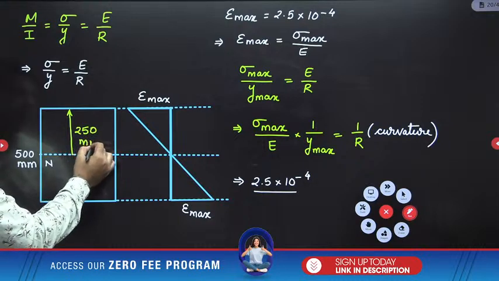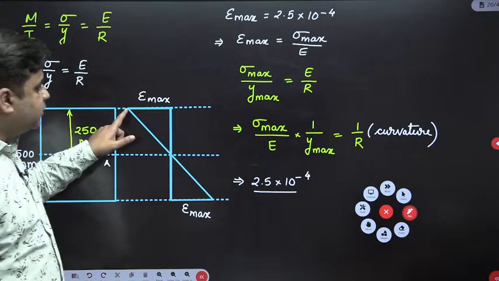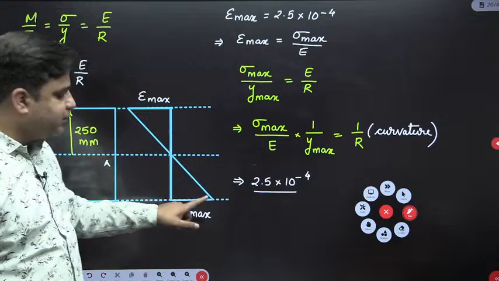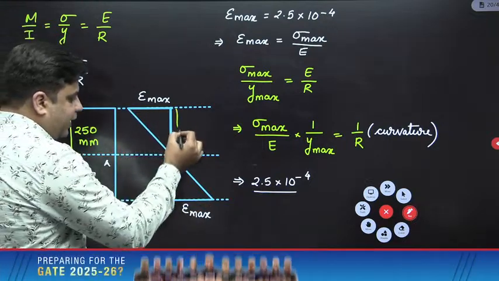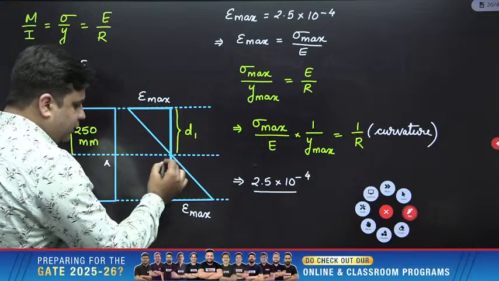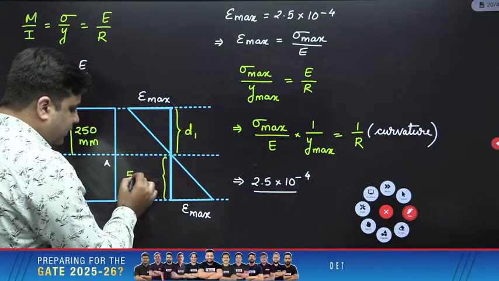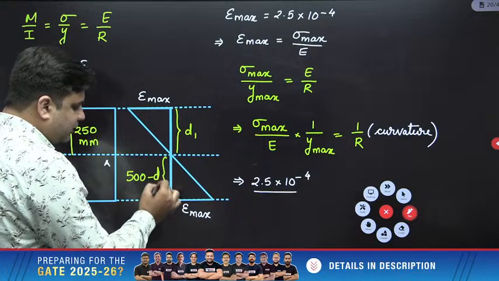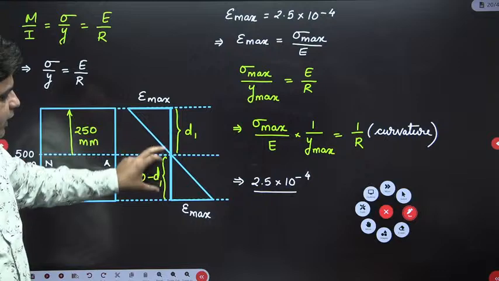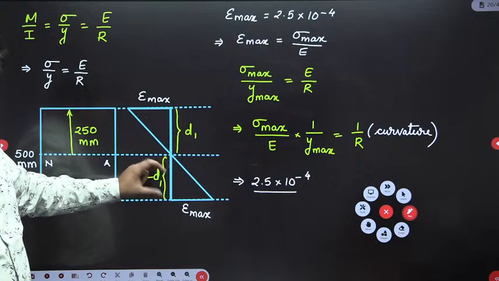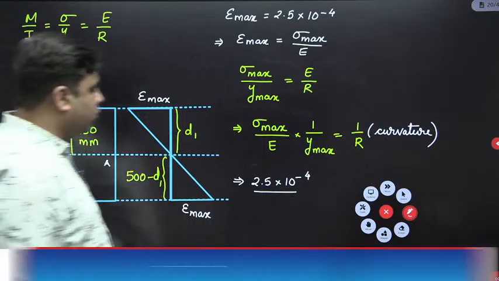Now how am I writing this directly? Because this epsilon max and this epsilon max are the same. So by similar triangles, I can write this d1 and this will be 500 minus d1. By symmetry, d1 will be 250, and 500 minus d1 will also be 250. So y max will be equal to 250.